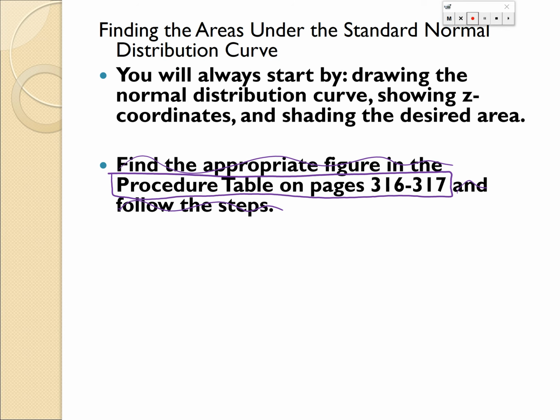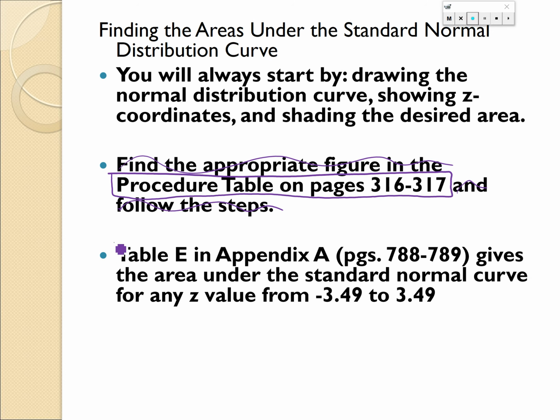There's going to be times when we add areas, there's going to be times when we subtract areas, we're going to use one in there, here and there. So if you need just some help initially getting started, that procedure table does a nice job of really outlining things for you. And we're going to go through examples today, absolutely. But if you need a fallback, that page is there for you.